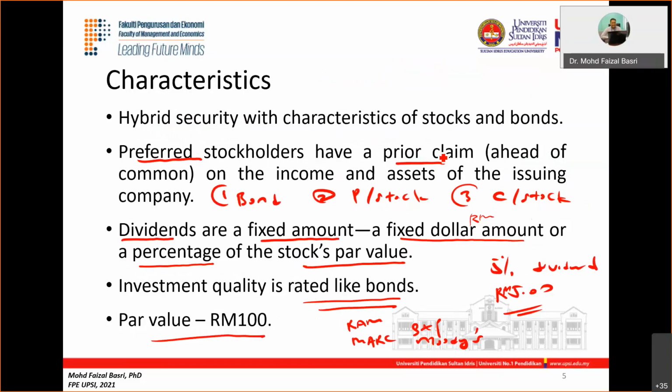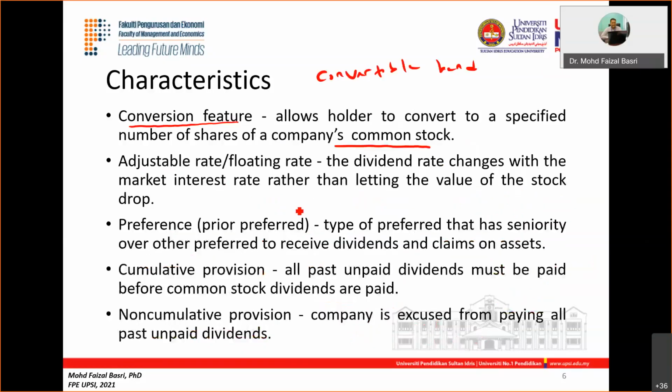So as the owner, you might have higher returns, because bonds and preferred stocks have fixed returns, but for common stockholders the returns are not fixed. Therefore, you might have higher returns if the company performs well. What else? This one was already mentioned: seniority above the common stockholders.